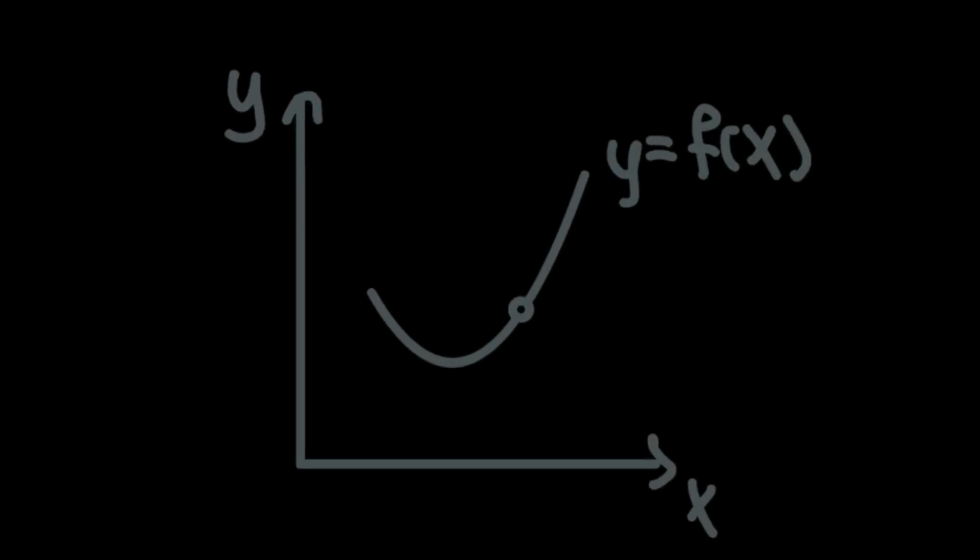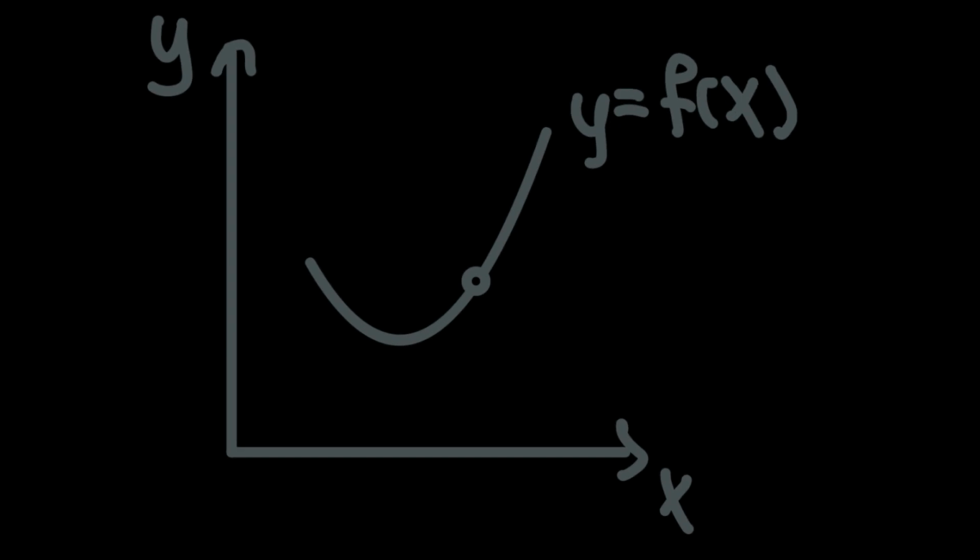So if we look at this graph where y is just some function of x, y equals f of x, we notice that y is defined over many x values. It's defined over here, it's defined over here, it's defined over here. But there is one hole where y is not defined, specifically here.